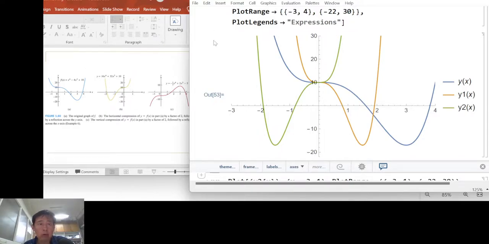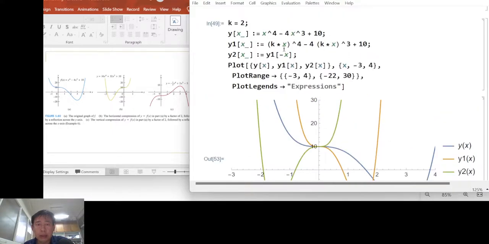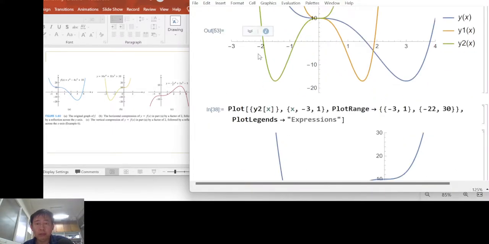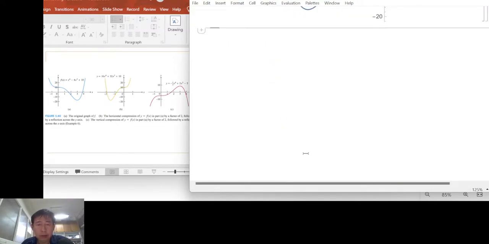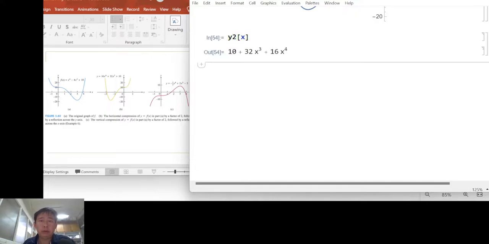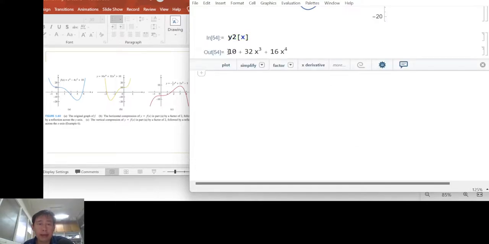Okay, so the expression for the final curve after the two-step procedure is just given by y2. And if you want to know the expression of y2, you just ask Mathematica to print it out for you. So this is y2. So the expression is given by this.